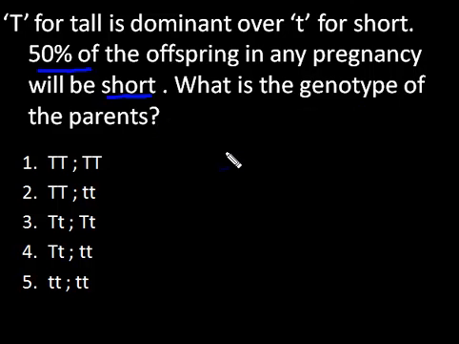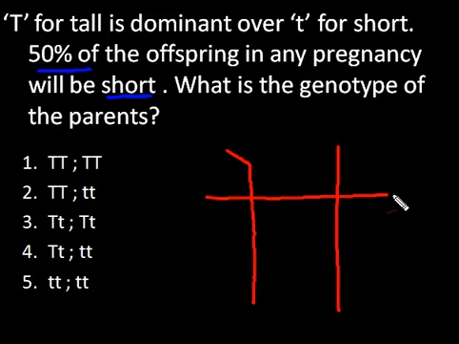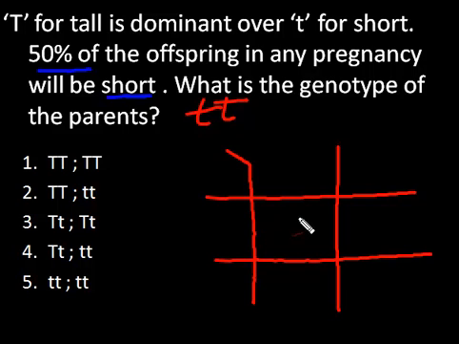You're given the result and asked to find the genotype of the parents. So let me go back to red color and make a Punnett square and work with the information we already have. We know 50% of the offspring are short, so out of 4 possible combinations, 2 will be short.